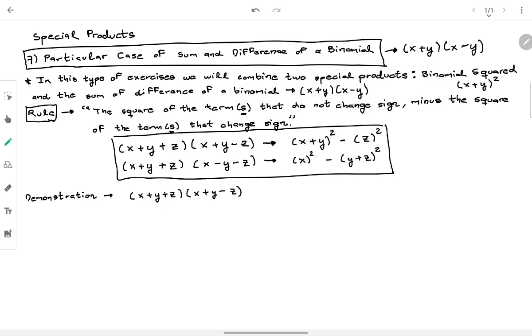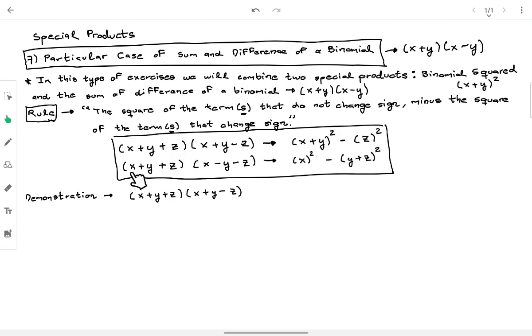So we will have something like the exercise we have in the box. In this case, x plus y plus c multiplied by x plus y minus c. The ones that don't change sign are x and y, so we get those that do not change sign squared, minus the one that changes sign, c squared.